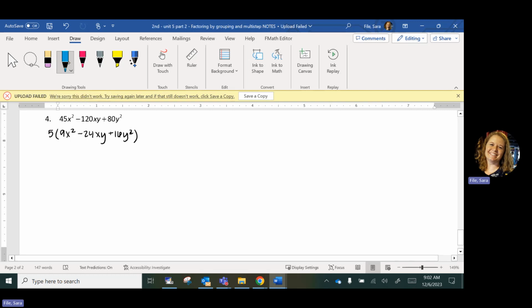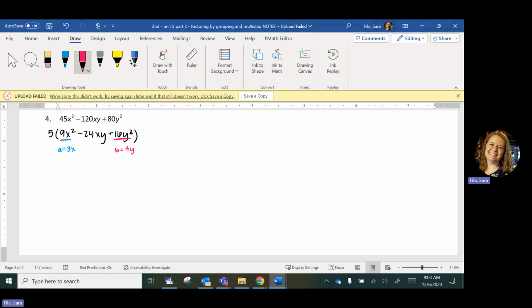So remember, if you're asking yourself, is it a perfect square trinomial? The first term needs to be a perfect square, which this one is. The square root of 9x squared would be 3x. And the last term needs to be a perfect square, which it is. The square root would be 4y.